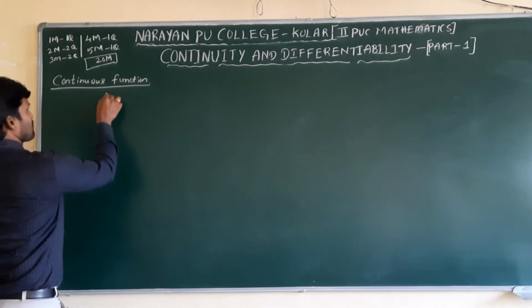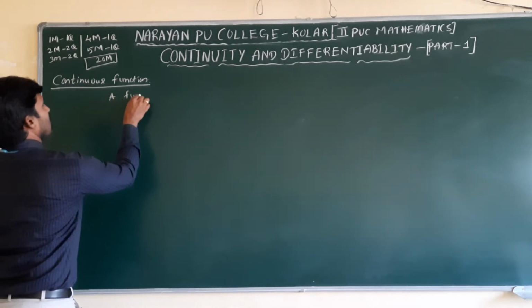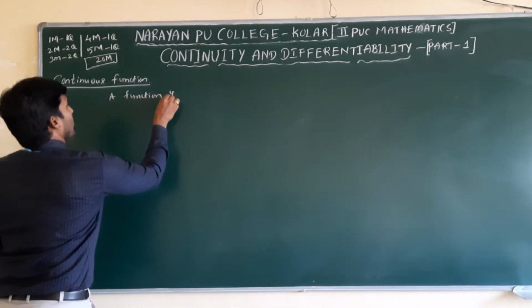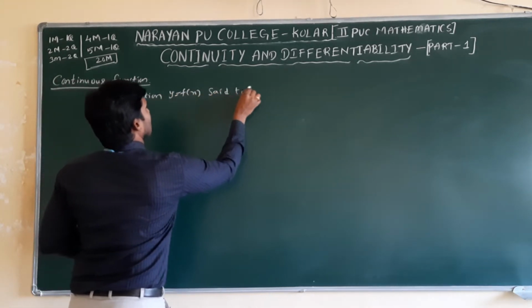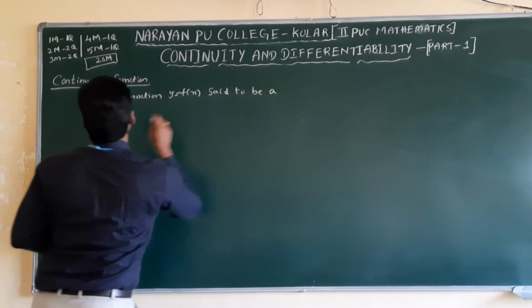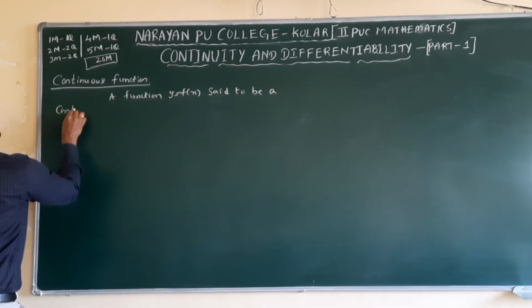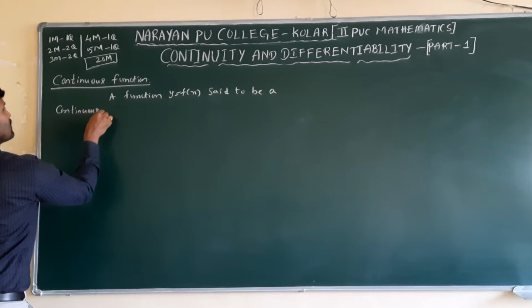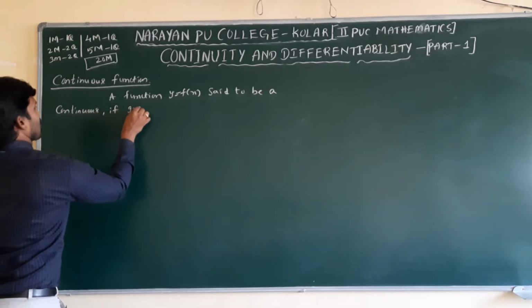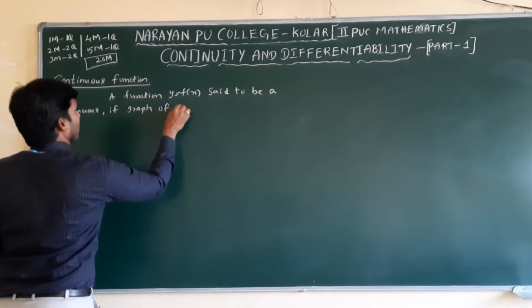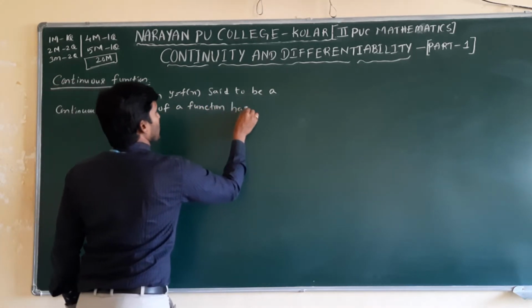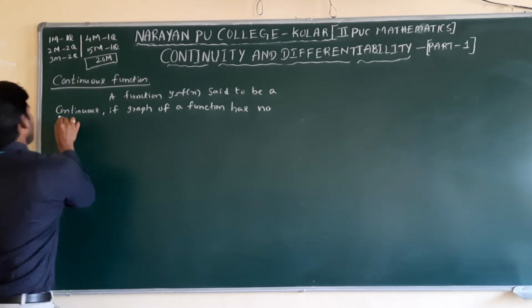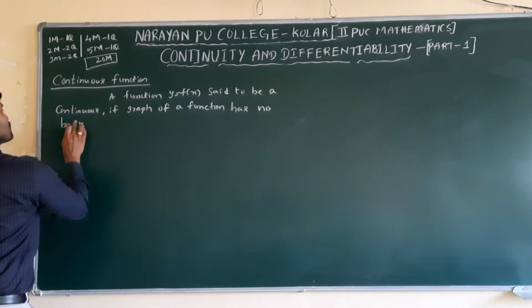For example, I'll take a function y equal to f of x said to be a continuous function, or said to be continuous, if the graph of the function has no breaks or jumps.